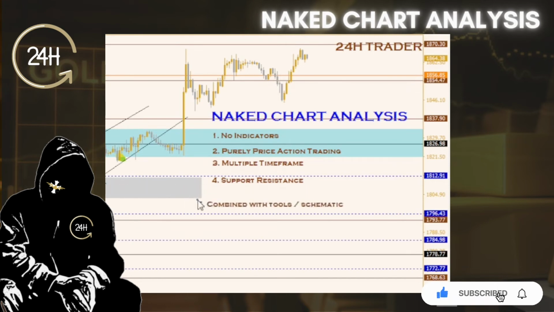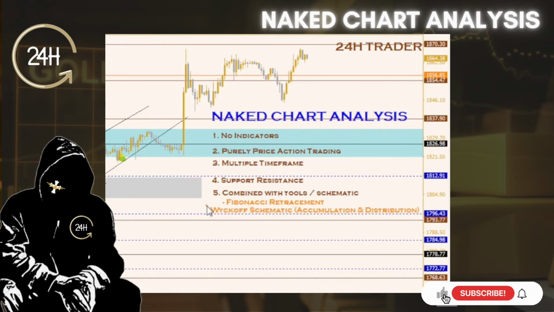And then number 5, I always combine with different tools. In the past, I combined with Fibonacci retracement. I was previously a Fibonacci trader. Then I now use Wyckoff schematic, because I found there are ups and downs in using Fibonacci retracement.